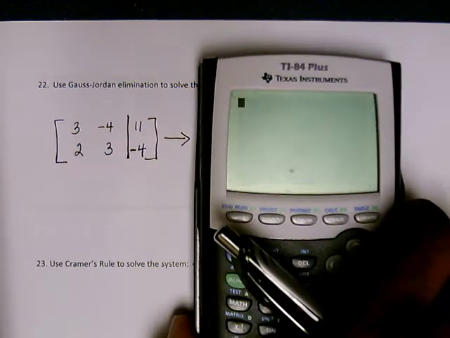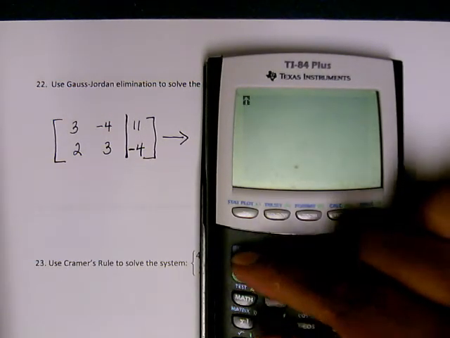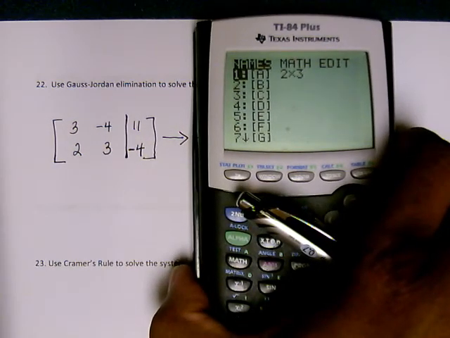Okay, clear this out. The way we do this is we press second and then your x to the negative 1 key for your matrix.